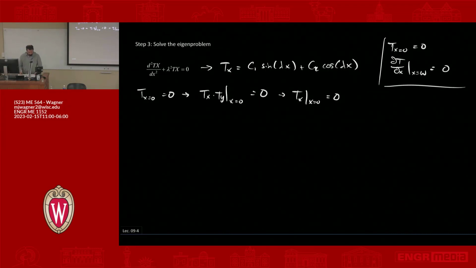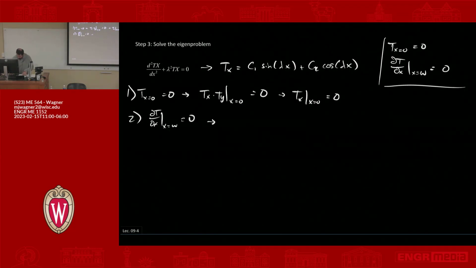Now we can enforce that boundary condition because we have it in terms of our function here. Actually, I'm sorry. Let's look at the other one first. Let's call this 1. Let's look at the other boundary condition, and then we'll enforce them. So boundary condition 2 is the partial of T with respect to x at x equals w equals 0.